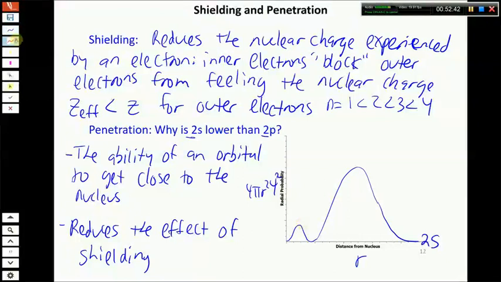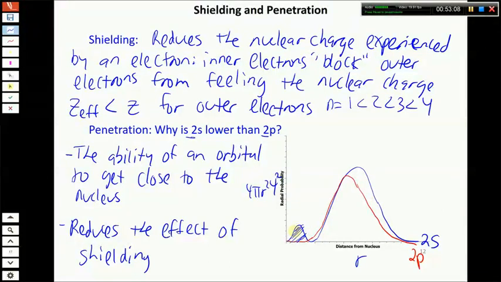Then if we do 2p, it turns out that the most probable radius for 2p is actually a little bit closer than 2s. So if I draw this as carefully as I can, the peak for 2p comes a little bit before 2s. The red one is going to be here, 2p. However, the 2s orbital, because of this radial node and this little region of probability here, is able to sneak in and at least at some times get closer to the nucleus.